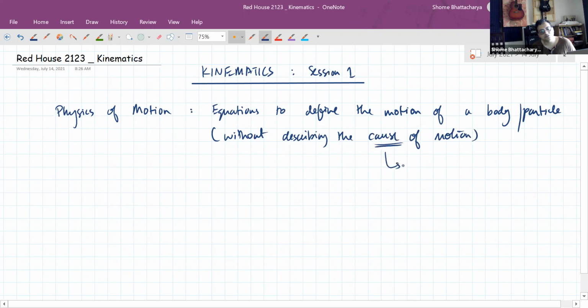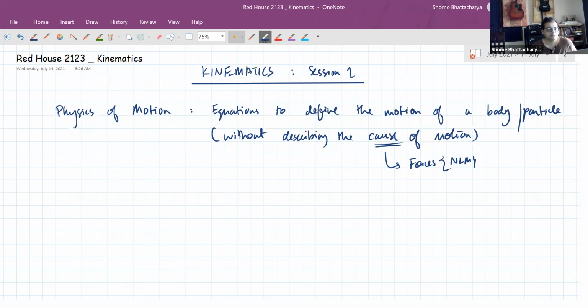And the cause of motion is basically forces, which is part of what you're studying in Newton's laws of motion. Whereas here, we don't get into the cause of motion, so we don't talk about the forces acting on a body, but only we talk about the equations of motion itself.